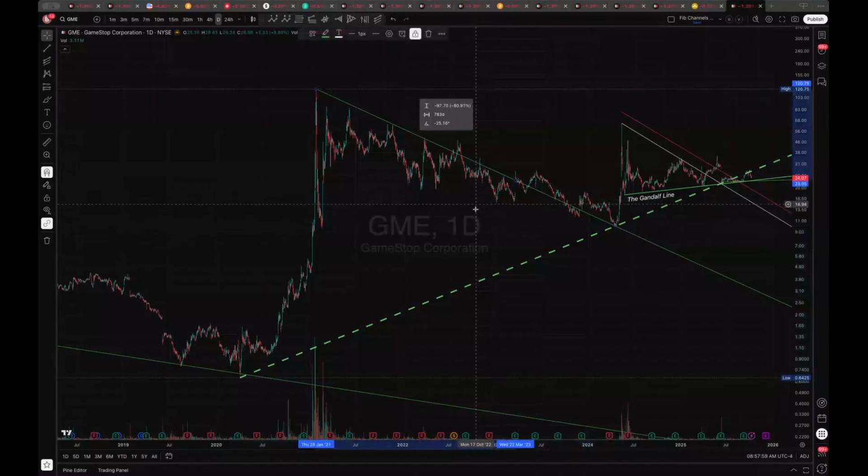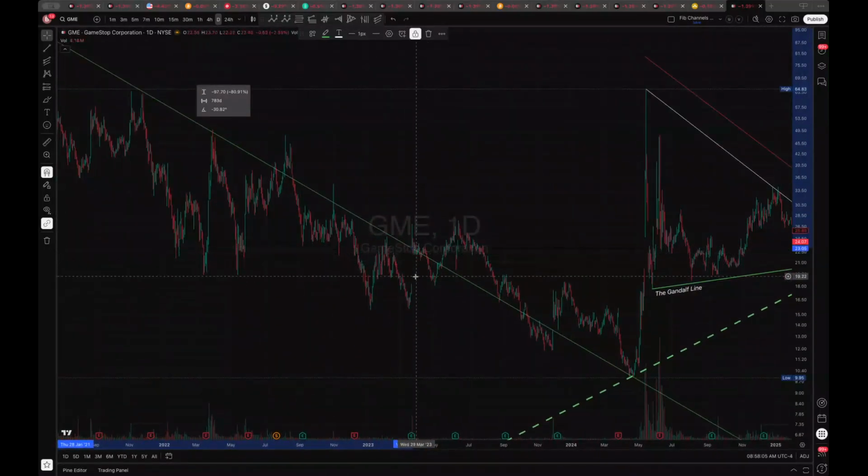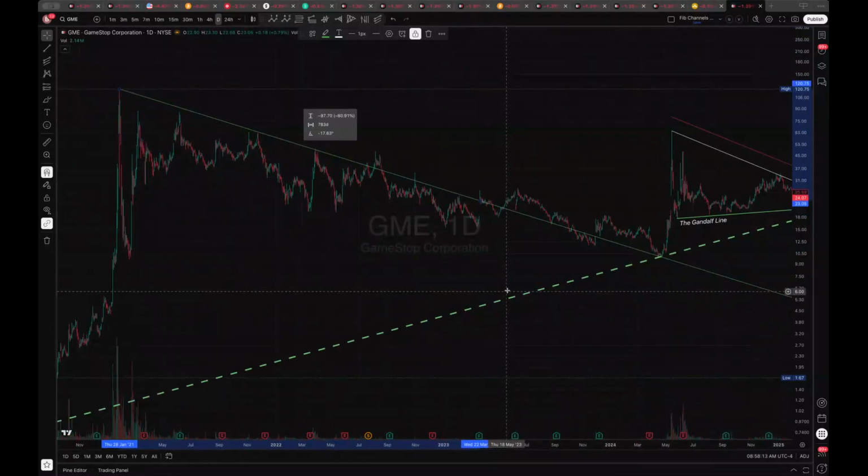This green one here is going from the all-time high in 2021 to this point in March 2023, where there was like the island going on here.